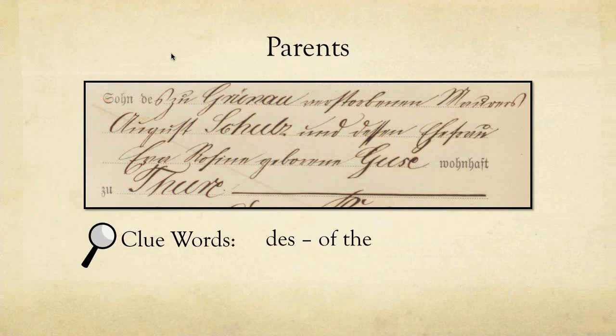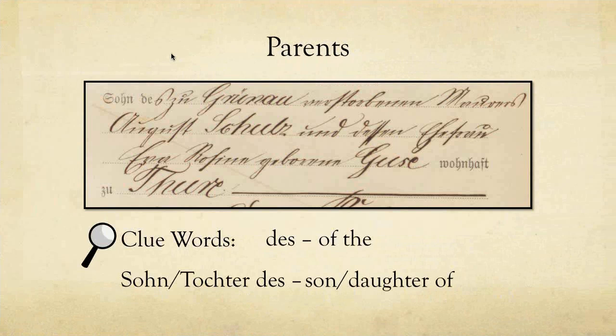That word des means of the in German. And what it implies in genealogy is son or daughter of. You might also get husband or wife of, but for these certificates, we're going to be looking at Sohn des, son of, or Tochter des, daughter of.